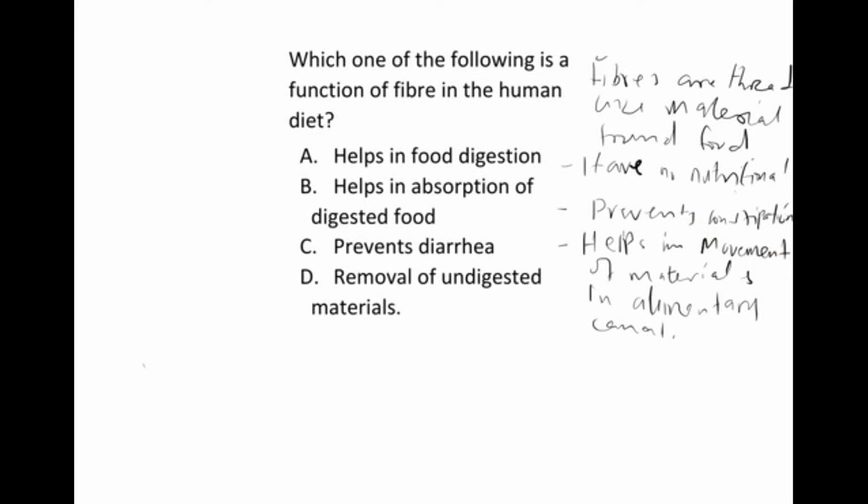From our choices, we start with choice A, helps in the digestion of food. Nowhere have we said that fibers help in digestion of food. B, helps in absorption of digested food. Again, nowhere have we said that. Absorption of the digested food takes place in the small intestine. C, prevents diarrhea.